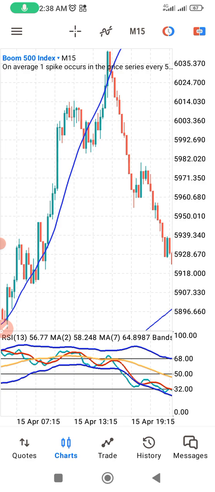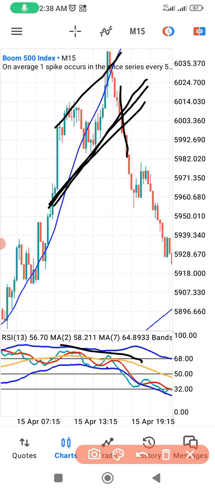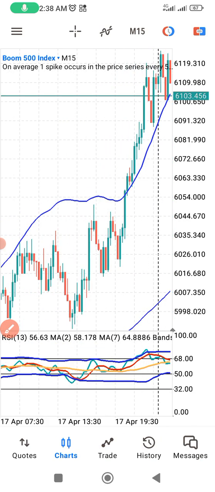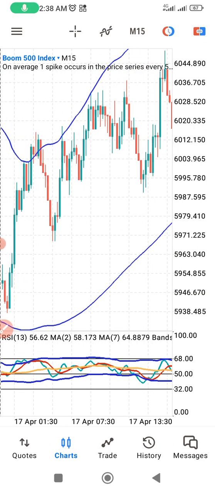Okay, just in this case, we have a divergence here. This is a divergence. So you don't just jump into the trade, you wait for the neckline or the structure to be broken before you make your entry. All right. So these are the basic rules you need to know when you are trading the TDI indicator.